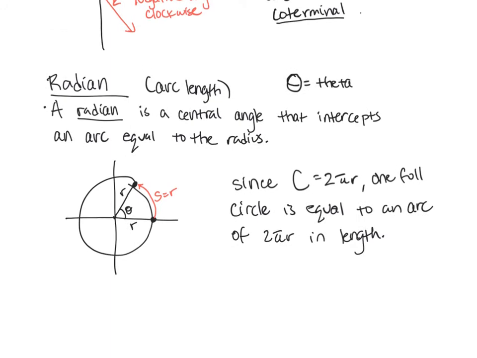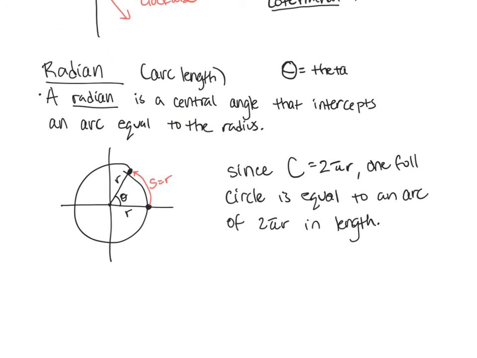So for us specifically, since we're dealing with the unit circle, we can say that if r is equal to 1, then for us 2 pi r, or 2 times pi times 1, is going to be about 6.28. So technically there's 6.28 radians in the unit circle, but instead of dealing with the decimals, because that gets kind of messy, we just leave it in terms of pi.